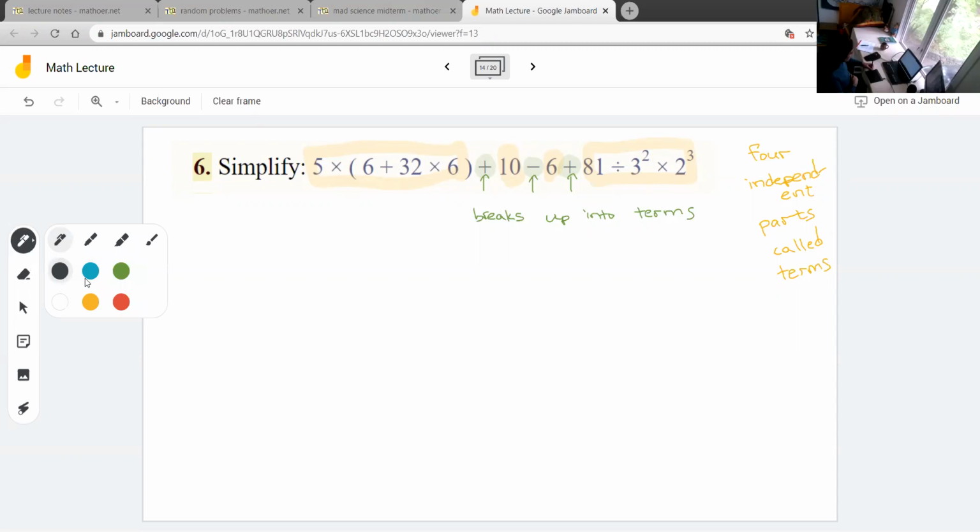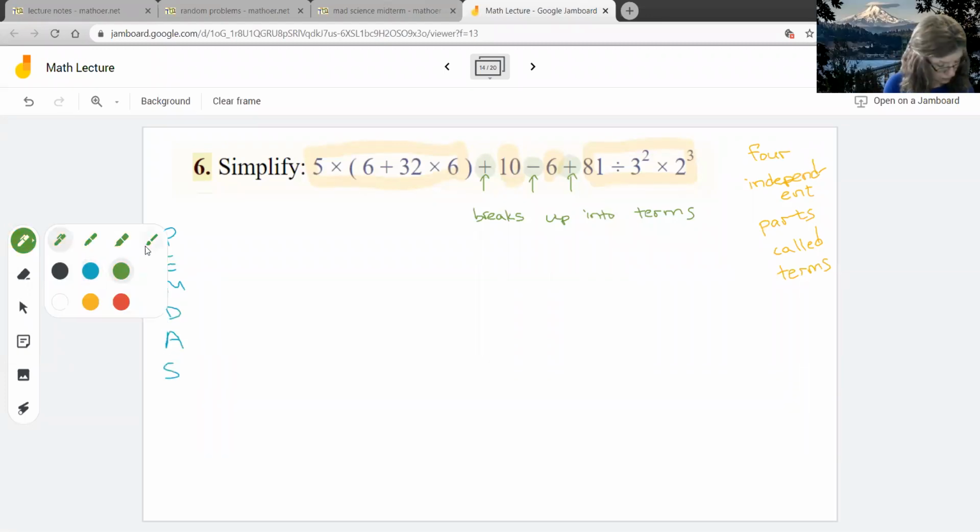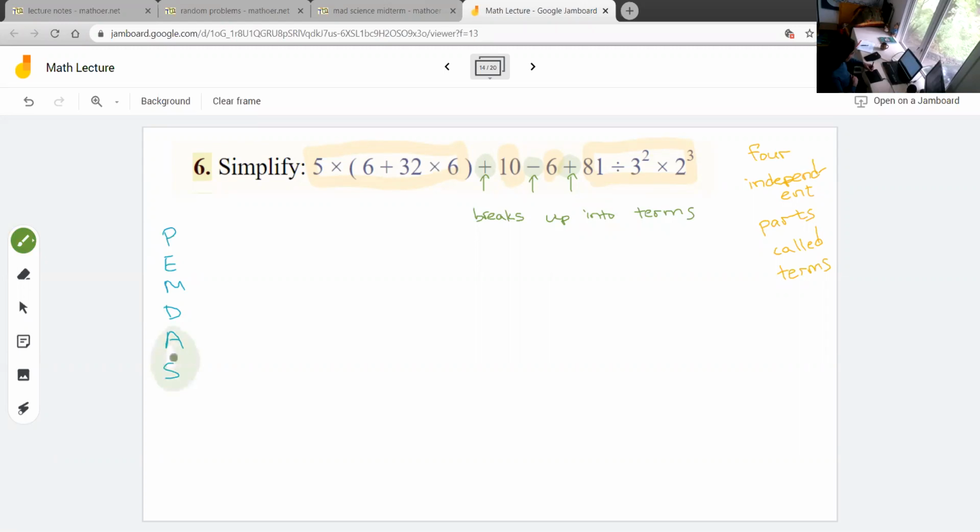So when I am doing my PEMDAS, then the addition and subtraction happen last. And everything else happens before those.